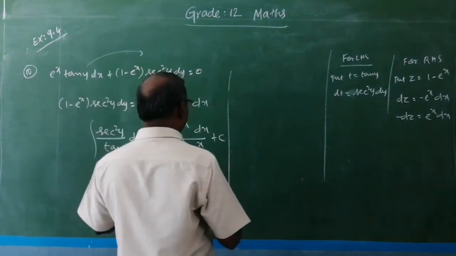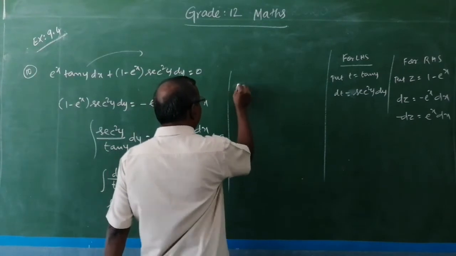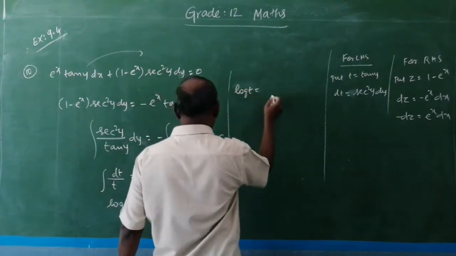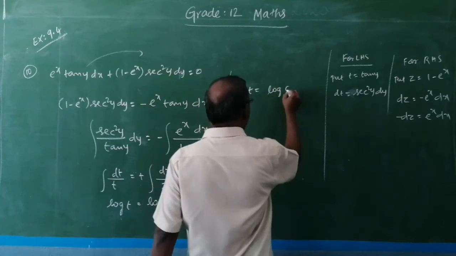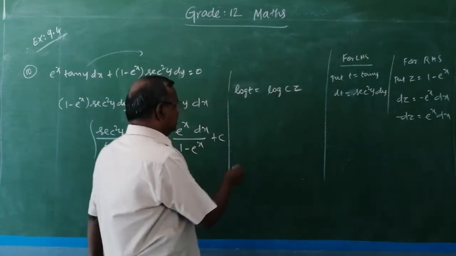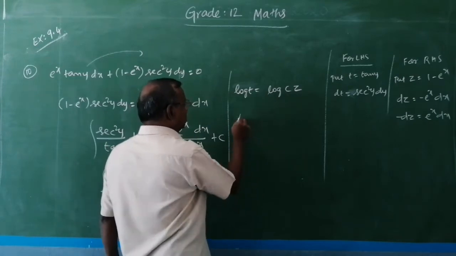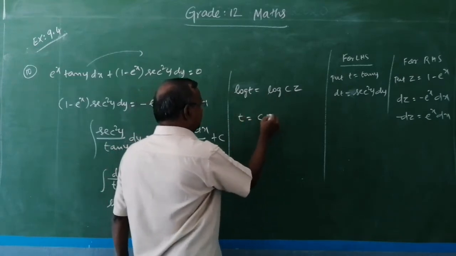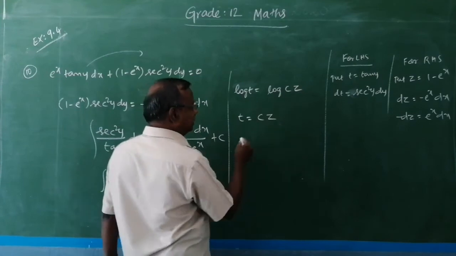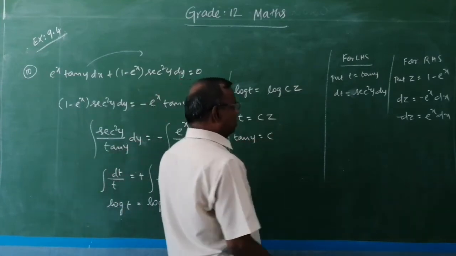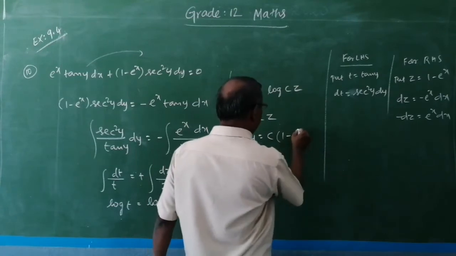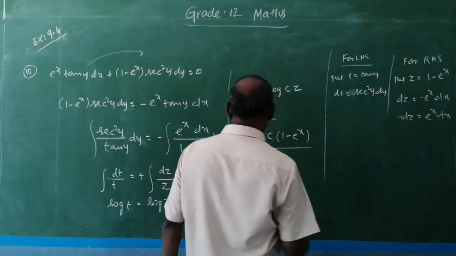So this is log t equal to log z plus log c, equal to log c z. Taking antilog on both sides, t equal to c z. T means tan y and c z means c into z, that is 1 minus e power x. So this is the required answer.